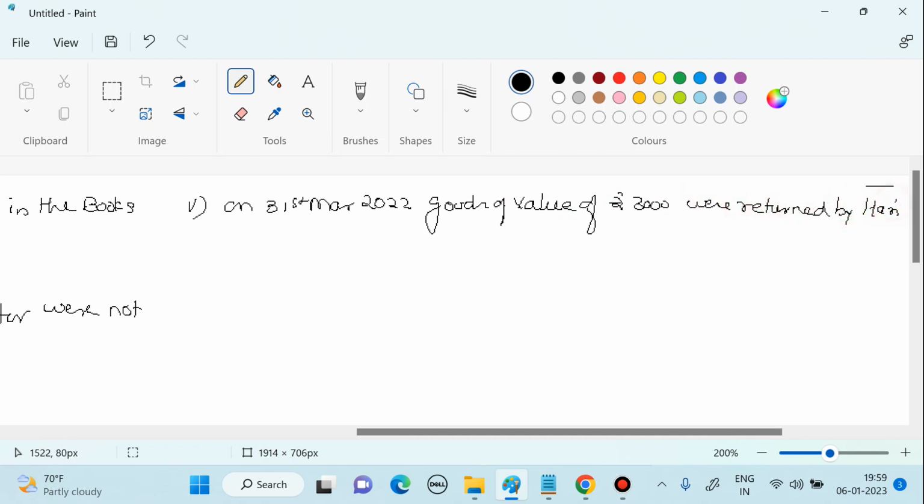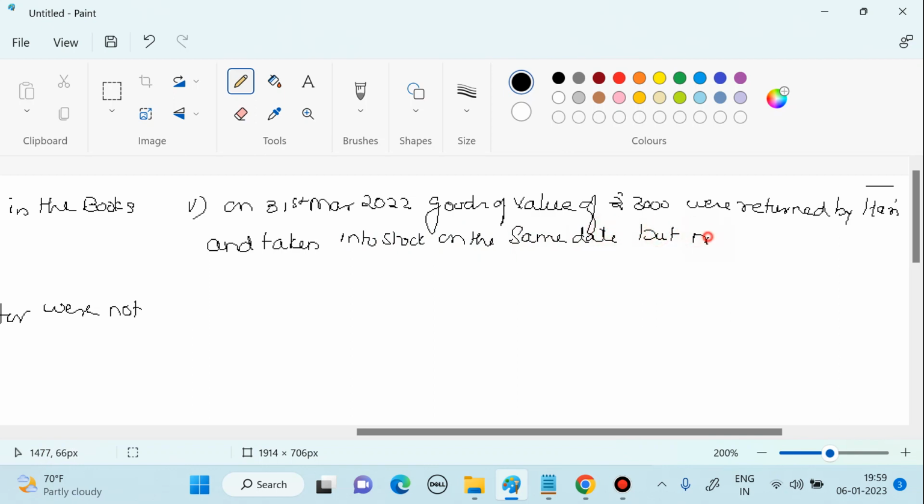So Hari had previously purchased from us, we had made a sale. Now he is returning it, so it is a sales return. And were taken into stock. So when he returned it, we took it, we put it back into our stock on the same date. So physically we took the delivery and put it back.